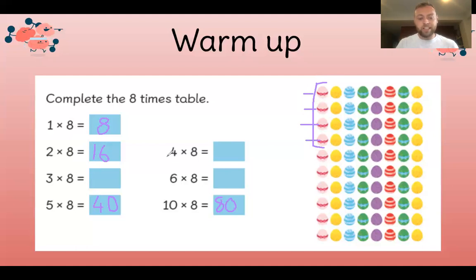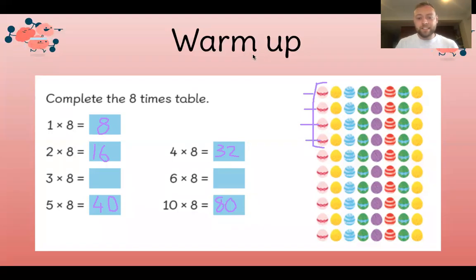If I double 6, it gives me 12. If I double 10, it gives me 20. So my answer should be 32. So let me just see if I count 8, 16, 17, 18, 19, 20, 21, 22, 23, 24, 25, 26, 27, 28, 29, 30, 31, 32. Brilliant, it's the right answer.